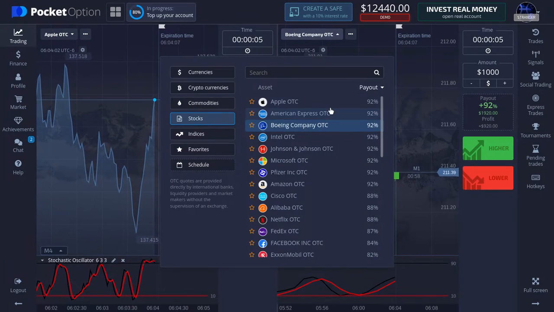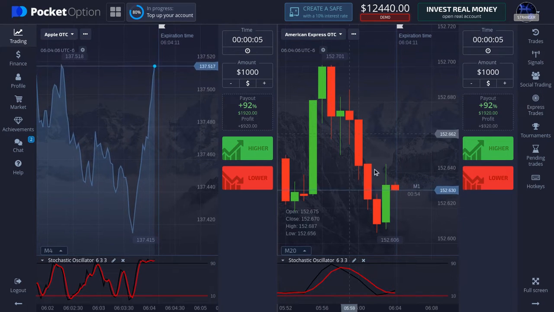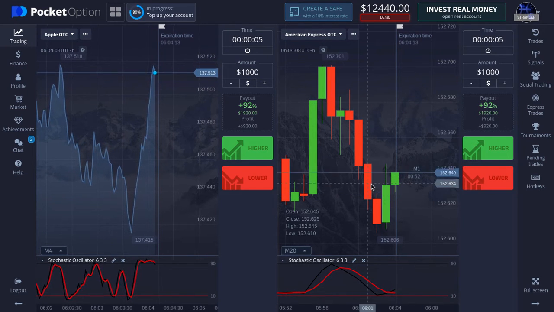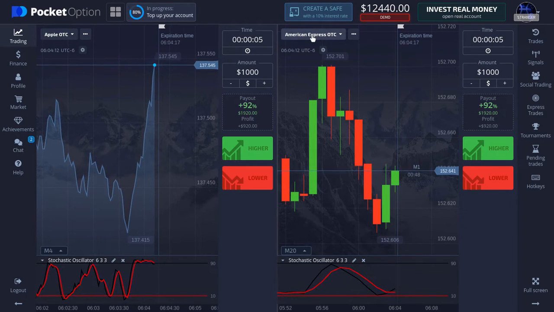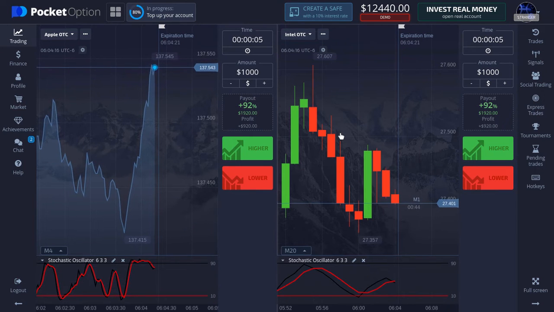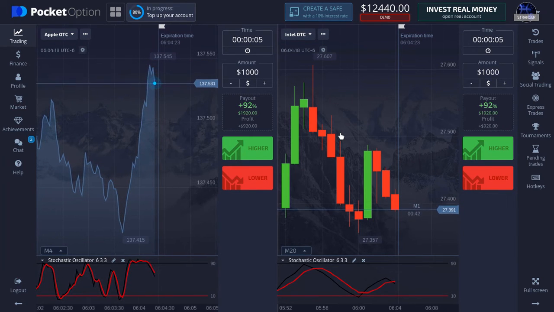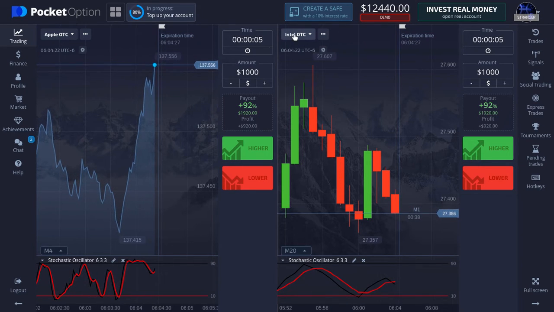So let's just see what we're looking at here. See, nice long candles, but they have wicks on both sides. It's just too volatile right now. I'm shooting this video and I hope that we can actually find a good chart to be in.